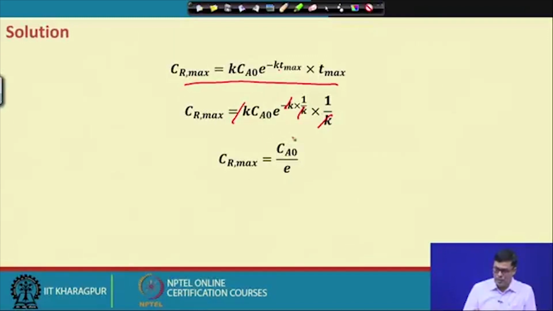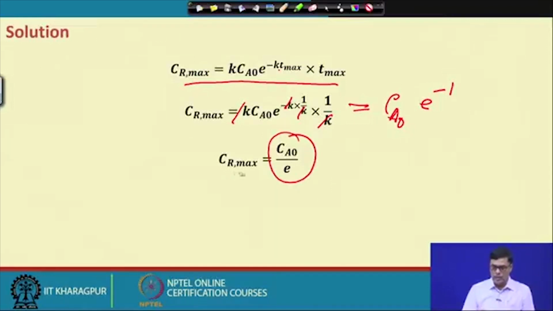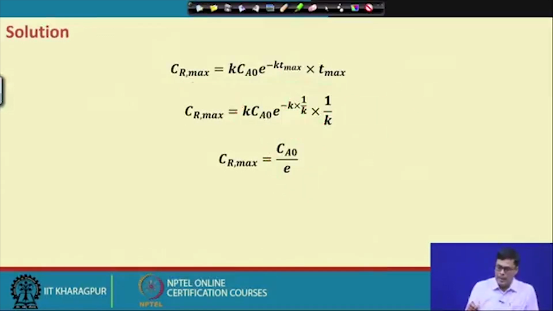This will be Ca0 into e to the power minus 1. Am I right? It will be minus 1, and we can write in this form: Cr max equal to Ca0 into 1 by e. This is one approach, the easy, simple, logical approach through which we can solve this problem. There is another approach that we also have.